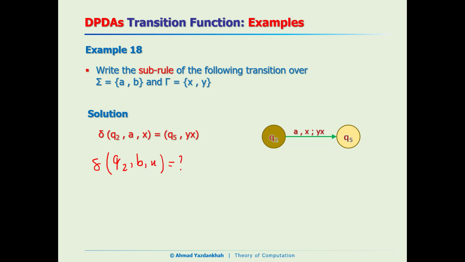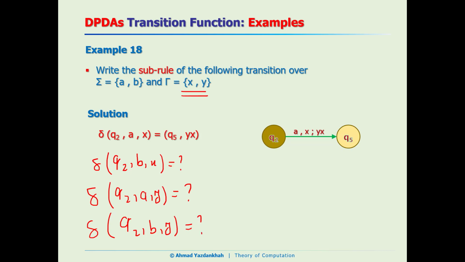Okay, now the question is, how about delta of Q2, B, and X? What is the response for this? What is the value of Q2 and A, let's say, because the gamma can be Y as well? And we can ask again, what is Q2 with B and Y here? So what are these values? Yeah, we don't have any outgoing for all of these three, so actually none of these three.